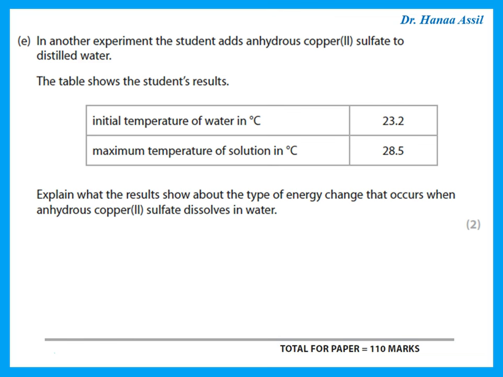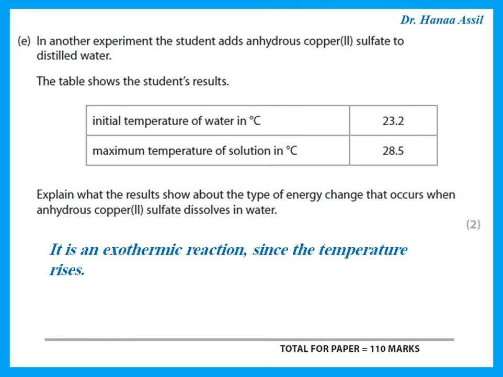The maximum temperature was 28, and that means the temperature of the solution went up or increased. When the temperature rises, that means the reaction is exothermic. Remember, when temperature goes up, reaction is exo. When temperature goes down, reaction is endo. So he's saying explain it is exothermic since the temperature rises.